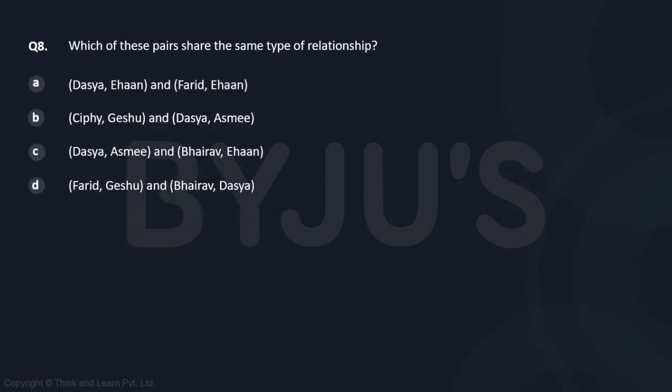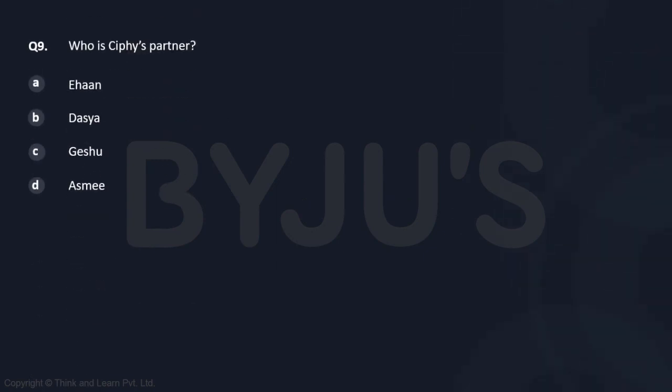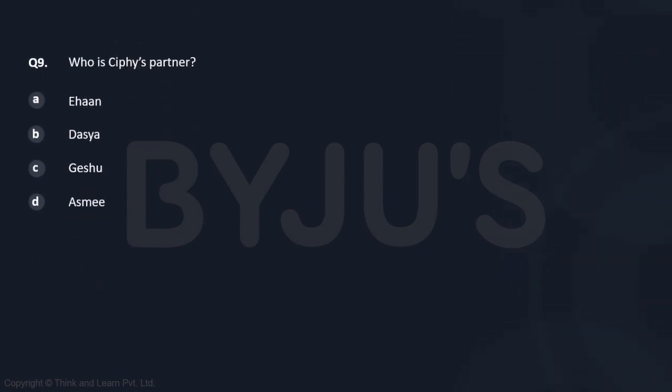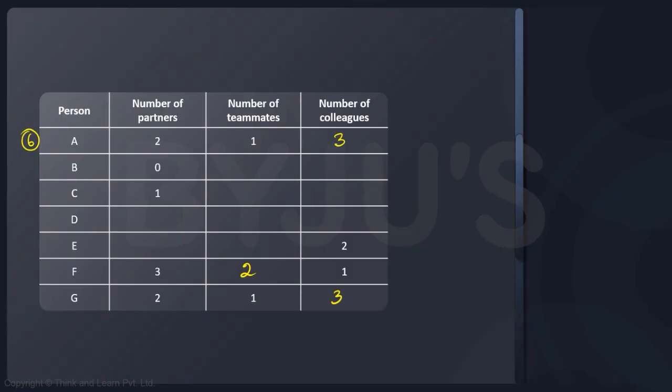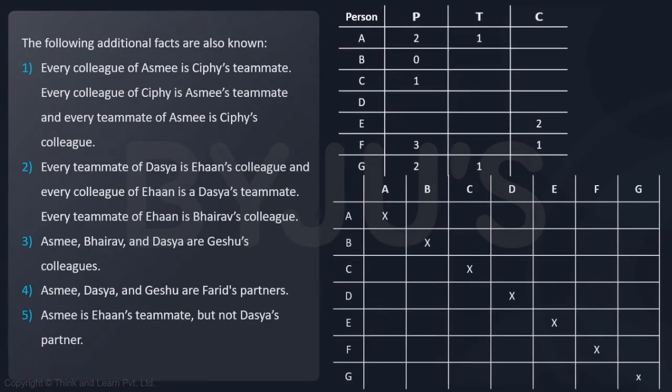Which of these pairs share the same type of relationship? You can clearly see that it's going to be Dasya, Asmi, and Bhairav Ehan. They share the same kind of relationship. I'm not going back to the slide again because it's the same thing. Who is Sifi's partner? I don't want to skip any of them. So let's quickly take a look at Sifi's partner.